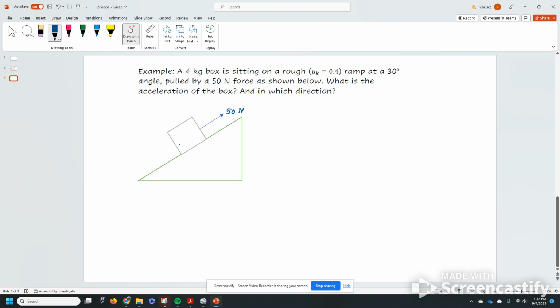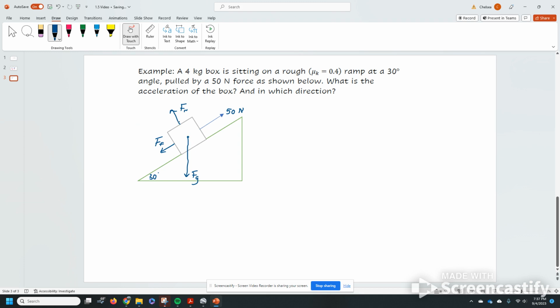Let's assume it's being pulled up the ramp. So I've got friction opposing that motion. I've got my normal force perpendicular to this 30-degree angle or 30-degree incline. And then weight is pointed straight down. I'm drawing it from the center just so that I can draw my triangle a little bit easier.